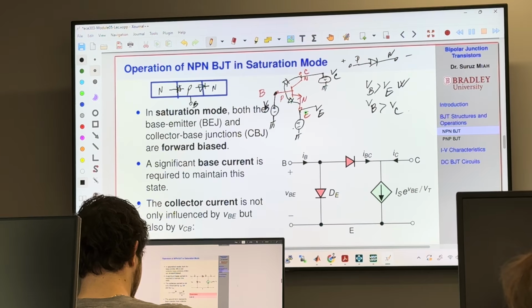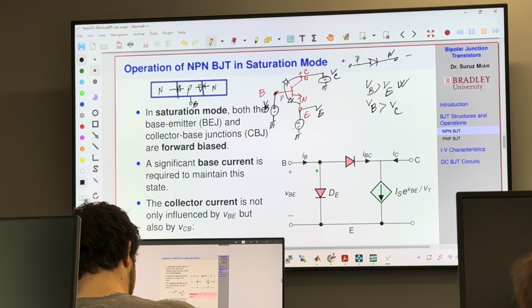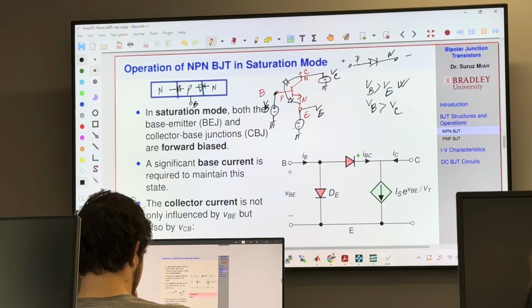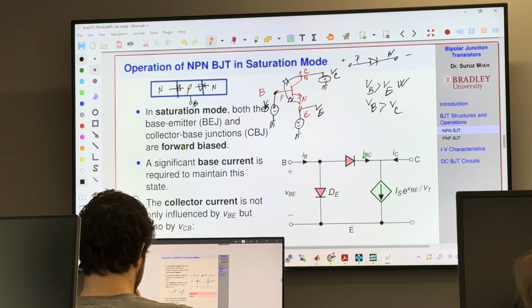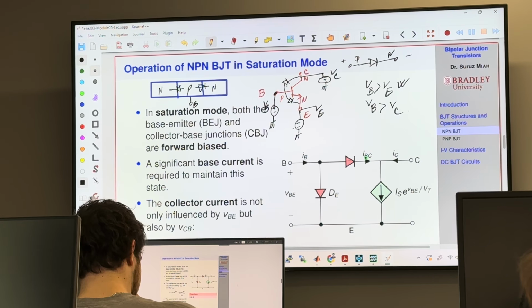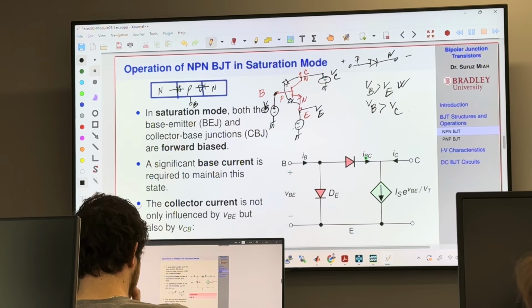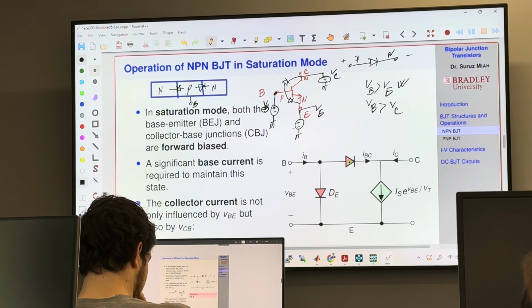Now, the base emitter junction, you can think of as a diode, and I'm naming this diode D. And the base collector junction, you can think of as a diode too. And the current flowing through this diode I denoted with IBC. Remember the convention, guys: IBC means current flowing from base to collector. So this diode is going to be forward biased.